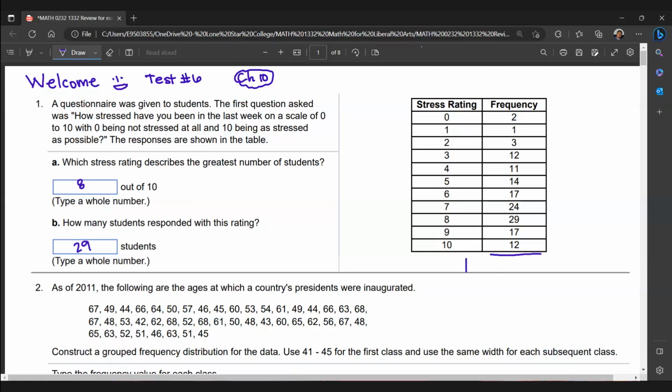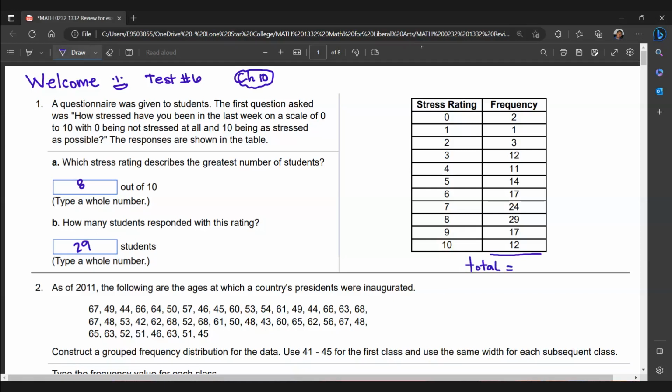To know the number of total students, let me write here the total number of students that took the questionnaire. I misspelled the word total. The total number of students that completed the survey is the sum of the frequencies.